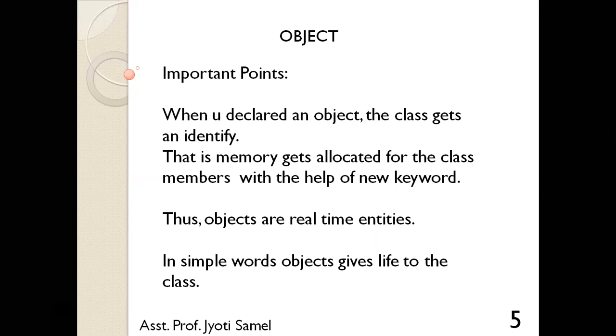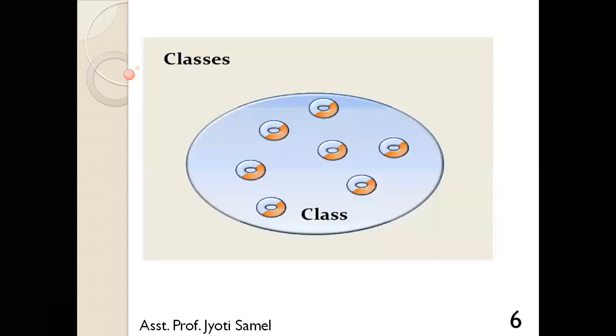Kindly note that when we declare an object, only at that time do the class member variables get memory. So in simple words, an object gives life to the class. I hope the concept of object is clear to you.